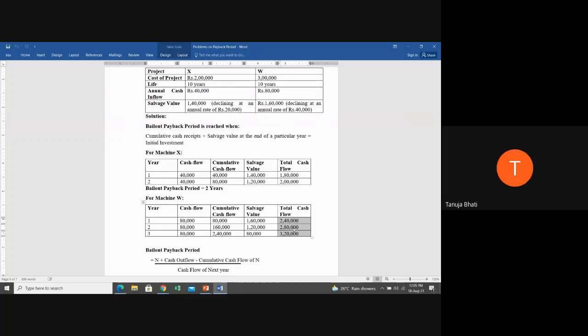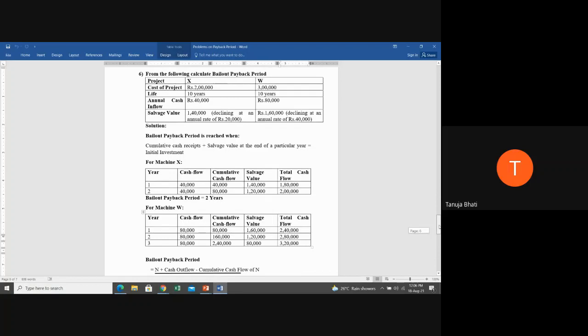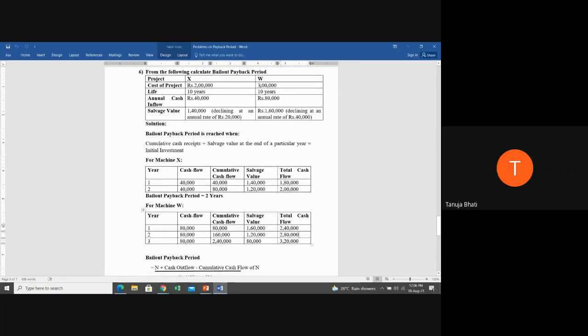Okay. So as you all know the formula already, what will the N be, students, here? N will be, very good, second year. What will be the cash outflow? 3 lakh, ma'am. Very good, here it is already given 3 lakh.